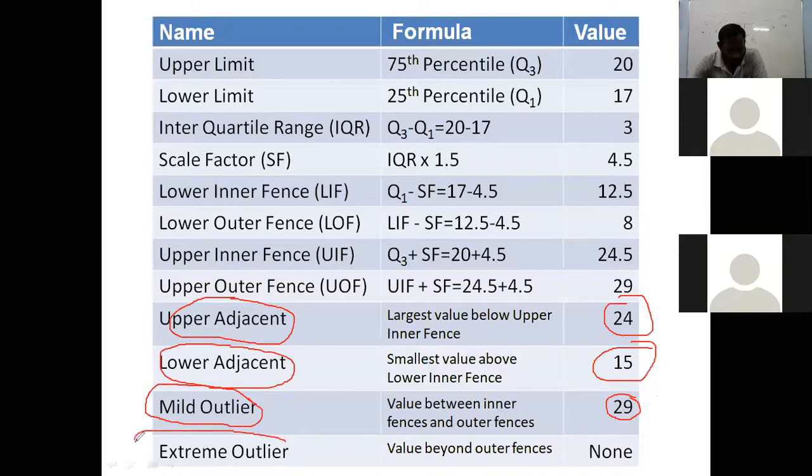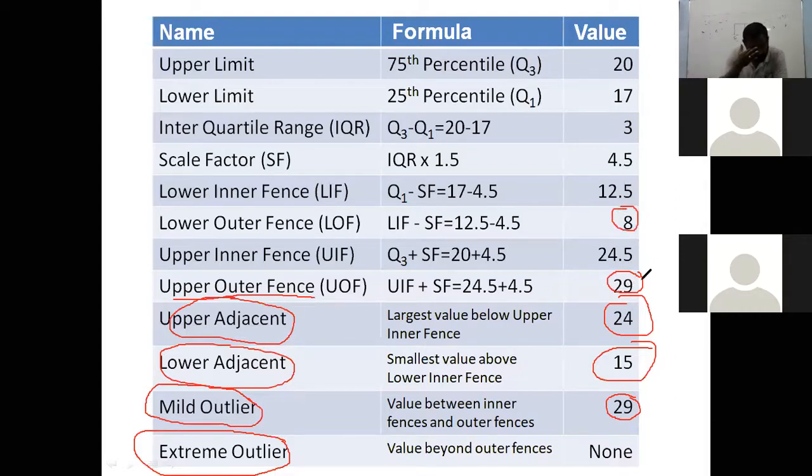What about extreme outlier? Extreme outlier should go beyond the outer fence. What are the outer fence values? Upper outer fence value is 29. Lower outer fence is 8. Is there any value in our data less than 8 or greater than 29?